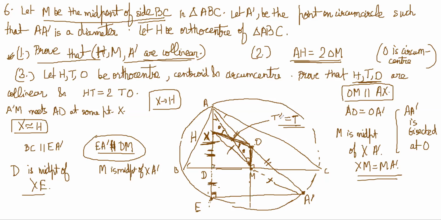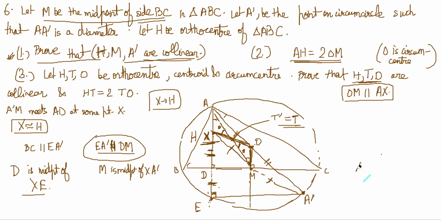So we have a result. I'll just write it, ratio of the sides. It will be 2:1, because AH upon OM was 2:1. Similarly, this side and this side must also be divided in a 2:1 ratio.